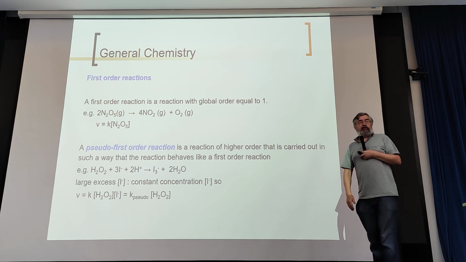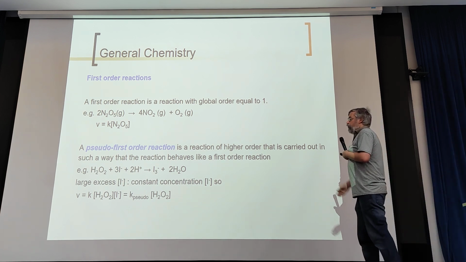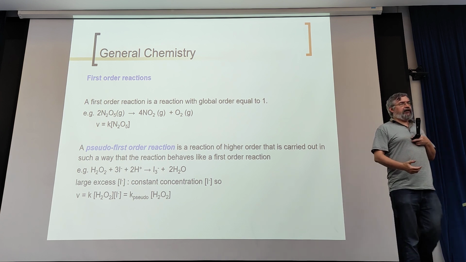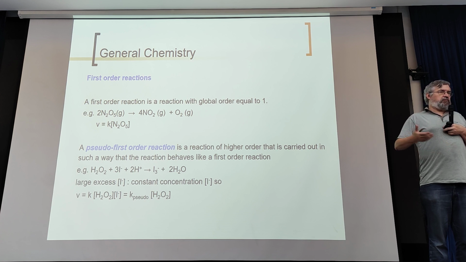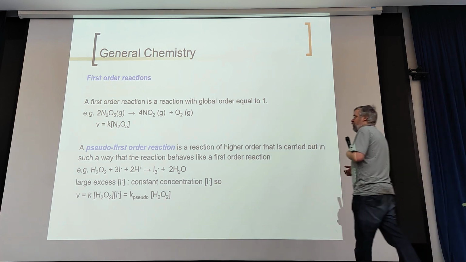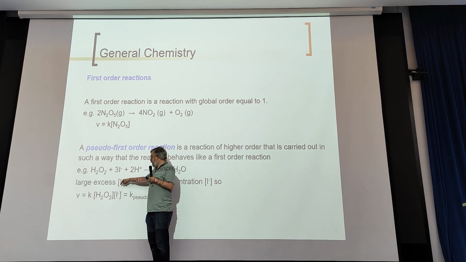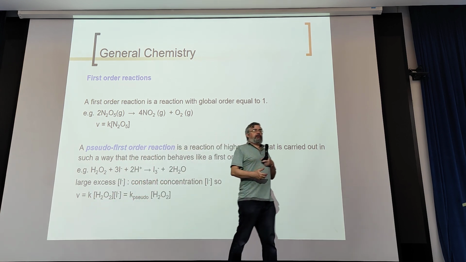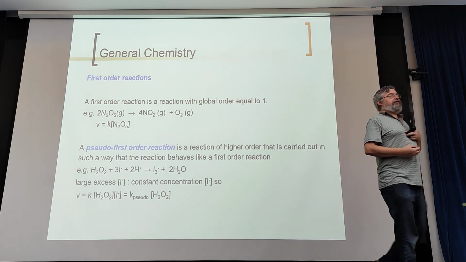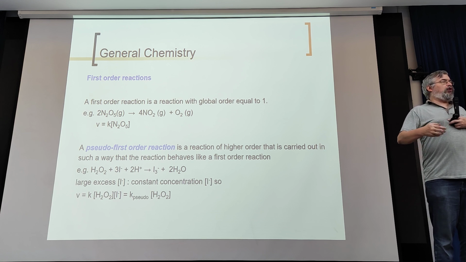To give the example that we just studied, if you would have a very, very large excess of iodide in our reaction with hydrogen peroxide, then the concentration before and after the reaction would be the same. That means we could treat this concentration as constant, and we just put it inside of the second order rate constant, which now becomes a pseudo first order rate constant.